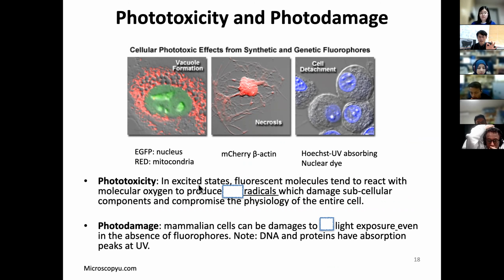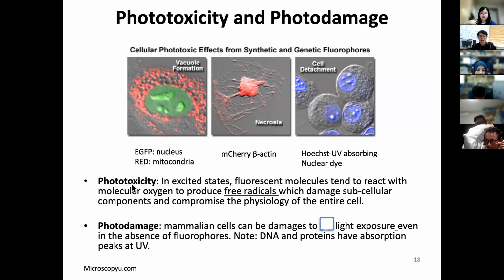An excited state fluorescent molecule can react with molecular oxygen to create free radicals. And that free radical is usually not good. It can damage the subcellular components, and it can affect the physiology of the cell. So you don't want to provide too much fluorescence, because it can cause phototoxicity.